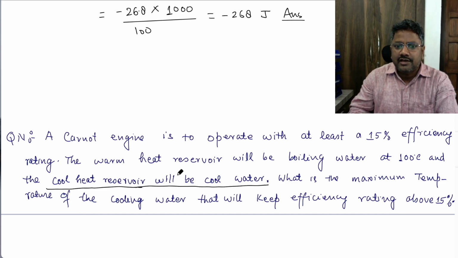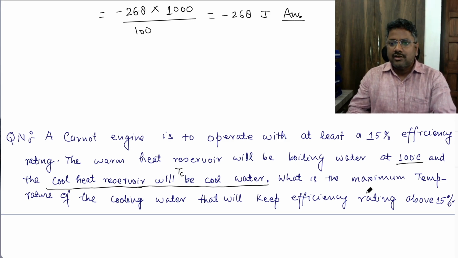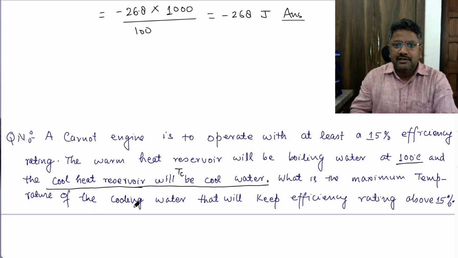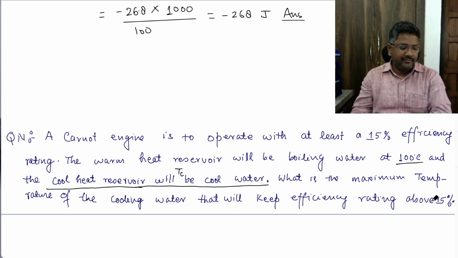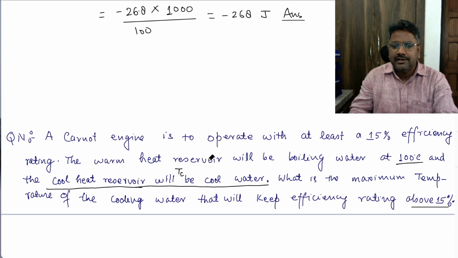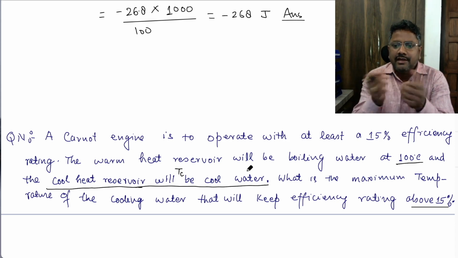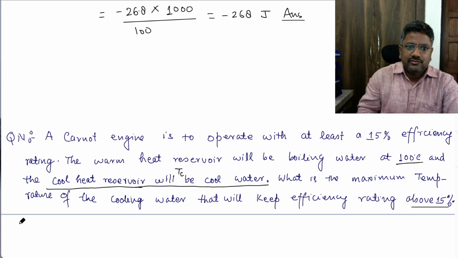The temperature of this is not given, so let it be Tc and this is Th. What is the maximum temperature of the cooling water that will keep the efficiency rating above 15%, right? Above 15%. So here in this question, we are not supposed to do the calculation in equality manner. We have to calculate in inequality manner, right? So let's proceed.